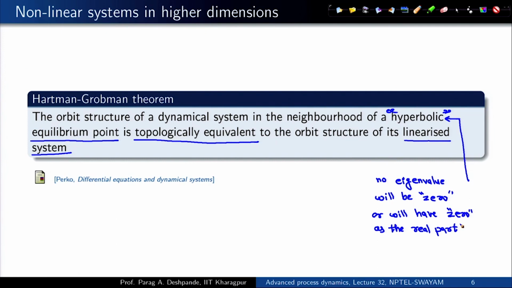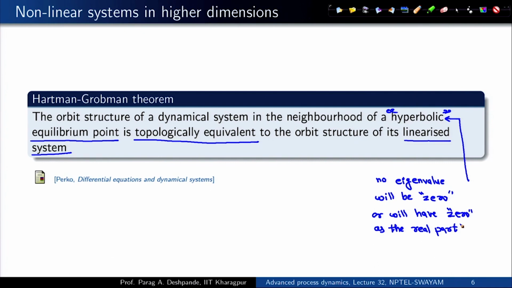Well, the eigenvalues can be either complex or real. So, in cases where the eigenvalues are all real, no eigenvalue should be 0, and if the eigenvalues are complex, then the real part of none of the eigenvalues can be 0, and if that is the case, then the equilibrium point is called a hyperbolic equilibrium point.